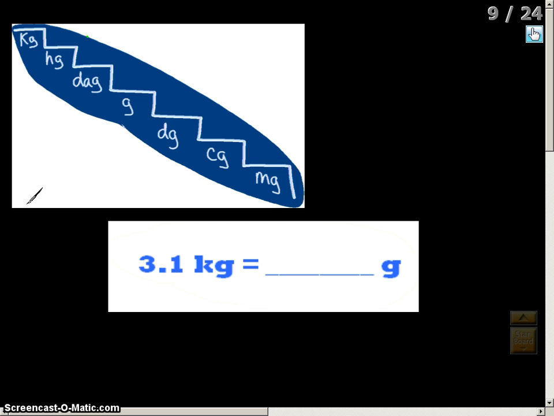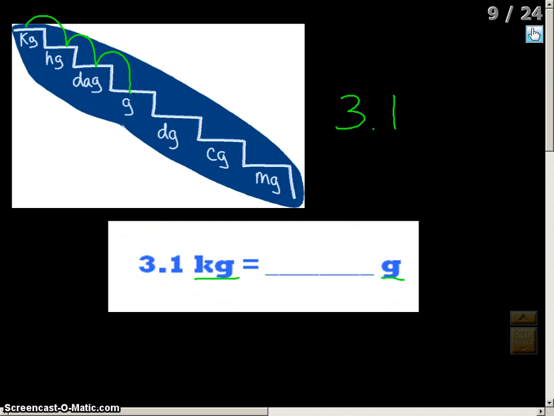What we have is 3.1 kilograms equals how many grams? I'm going to rewrite this problem, just 3.1. Then I'm going to go up to my stair steps, start where the kg is, and go down until I hit the grams. That's 1, 2, 3 steps down. Since I went 3 steps down my stair steps, I'm going to move my decimal 3 places to the right.